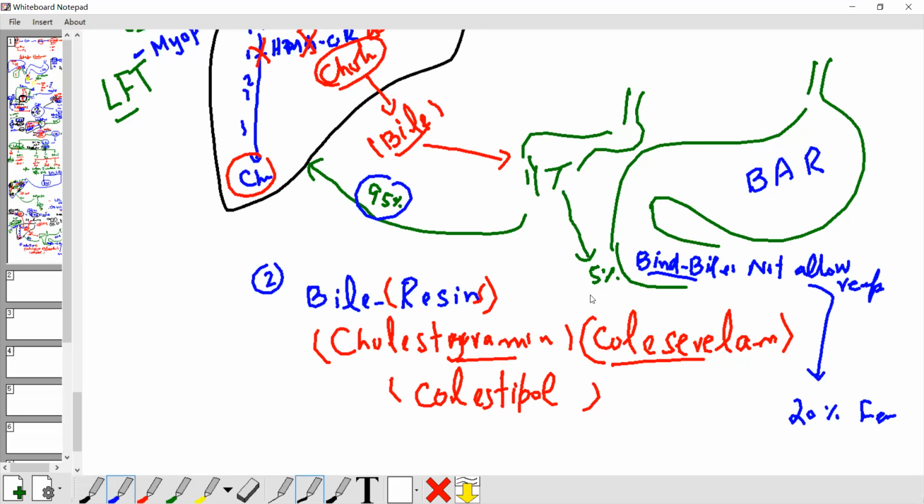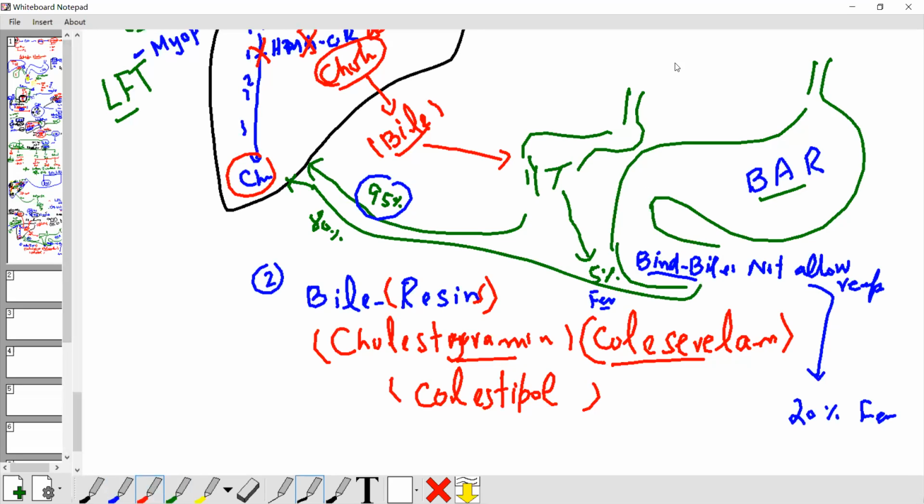Before it was just 5%. Now tell me how much percentage goes back. If 20% is lost, it means 80% goes back. Understand? So bile acid resin, what are they doing?